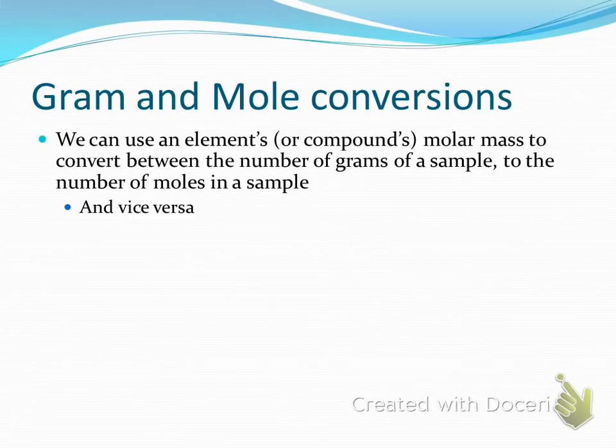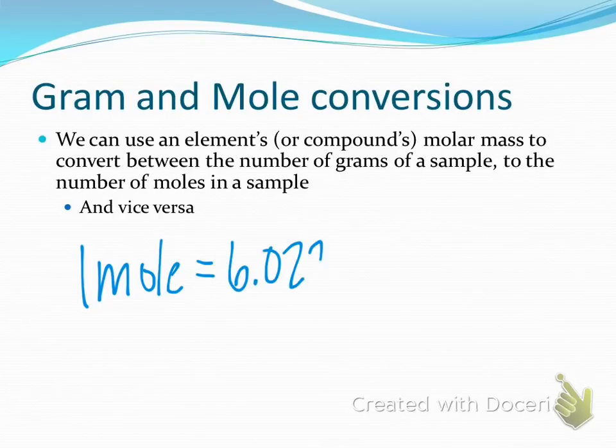So a mole works the same way. It's just on a much bigger scale. Okay? So 1 mole, right? We know 1 mole is equal to not 12 of something, not 20 of something, but 6.022 times 10 to the 23rd of something.